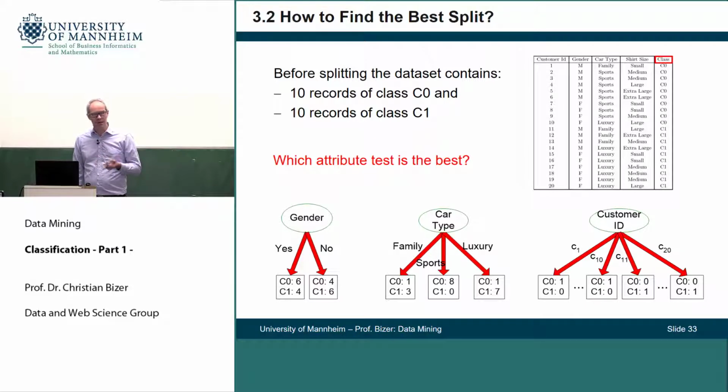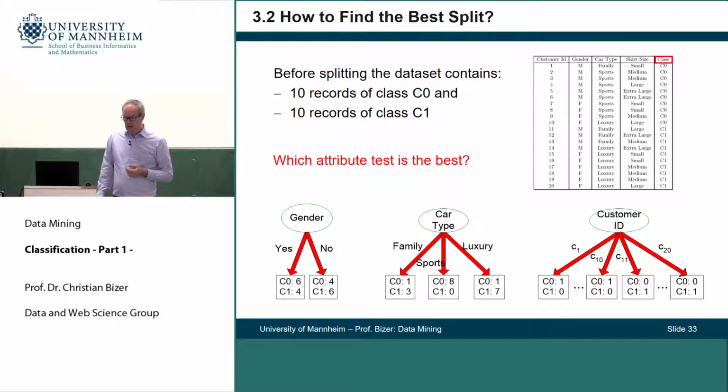We could either split on gender, then we would end up with these sub-buckets, 6-4 versus 4-6. It's not too clean. The examples are still rather mixed in these buckets.